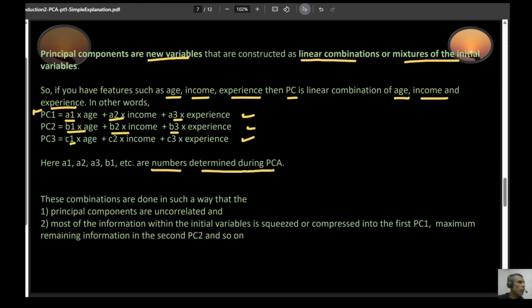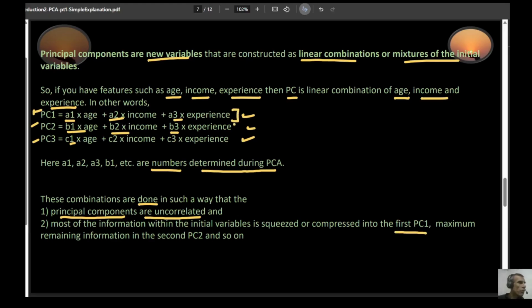and they are determined during your PCA. Now, these combinations are done in such a way that your principal components, PC1, PC2, and PC3, are uncorrelated. And also, most of the information within the initial variables is squeezed or compressed into the first principal component. That would be this right here. This will contain the most information.